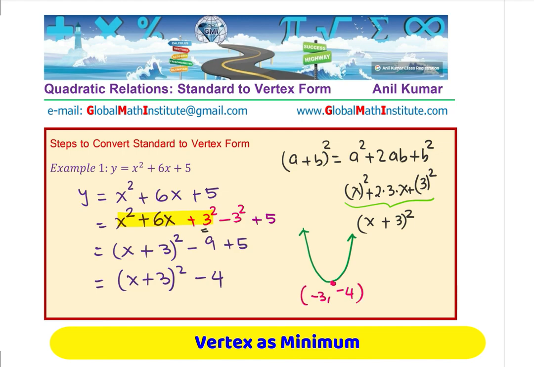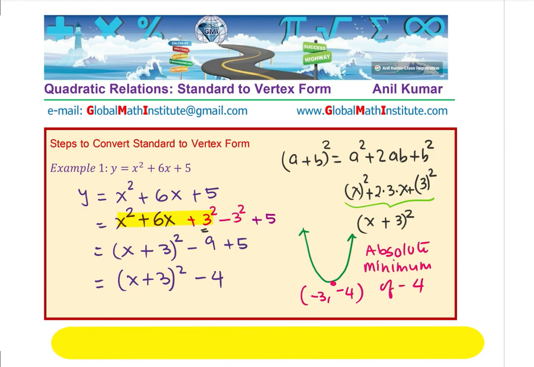So that becomes the vertex. Since it opens up, we have an absolute minimum of minus 4 at x equals minus 3. Makes sense. So that is the information you get from here.